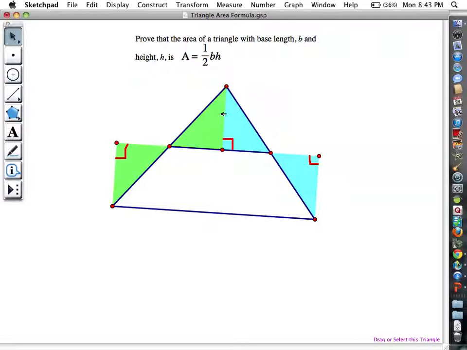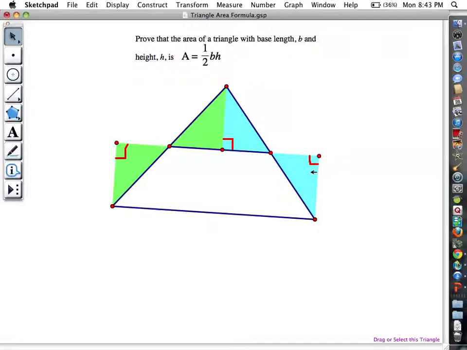So let's analyze this situation. I've definitely made a rectangle, as you can see. It's color coded to show you the areas that are congruent to each other, because after all, rotations are isometries, which means they preserve angle and length and keep things congruent.